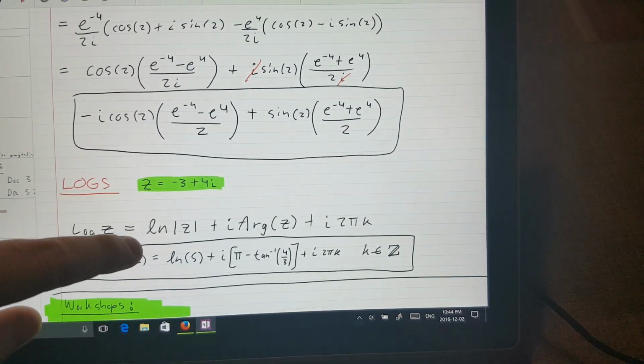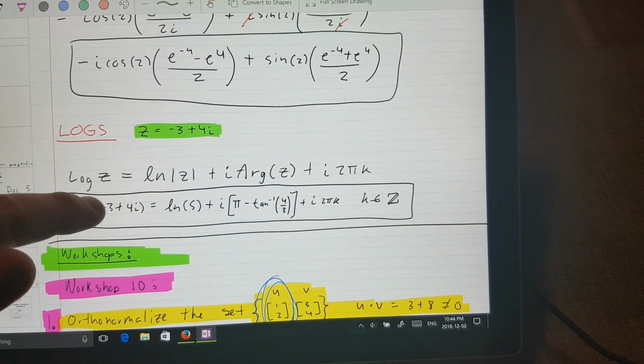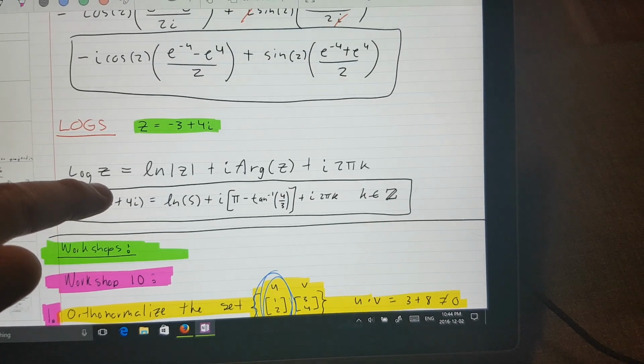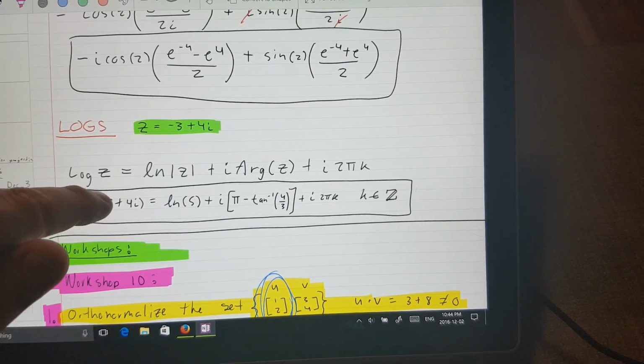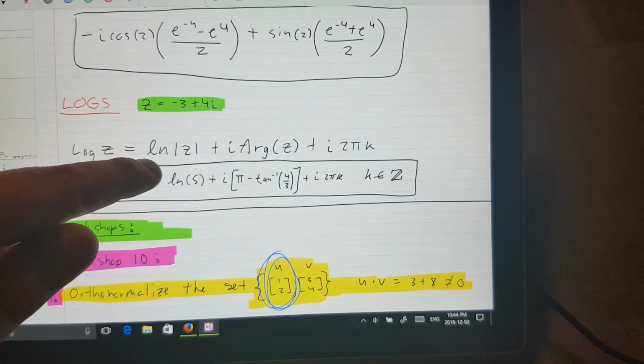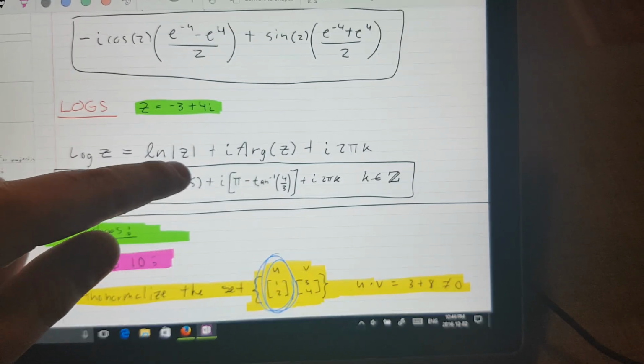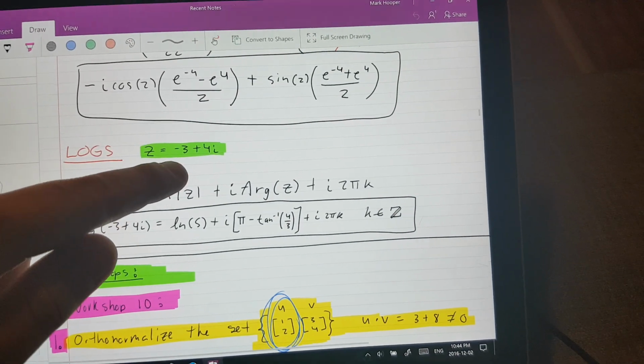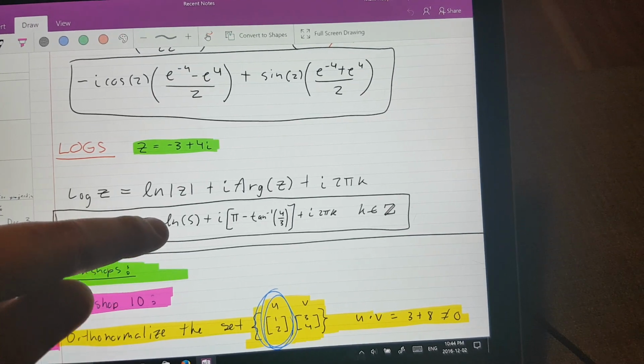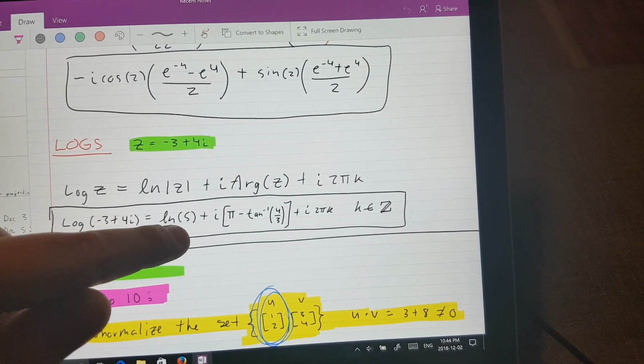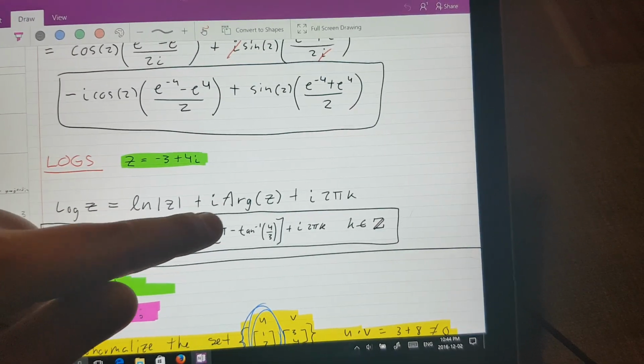Anyway, that's cool. And for logs, log of z, so log base 10 of z, I guess, is ln of the magnitude of z, so that'd be 3 squared plus 4 squared, all square rooted, which is 5, times i times the argument of z.